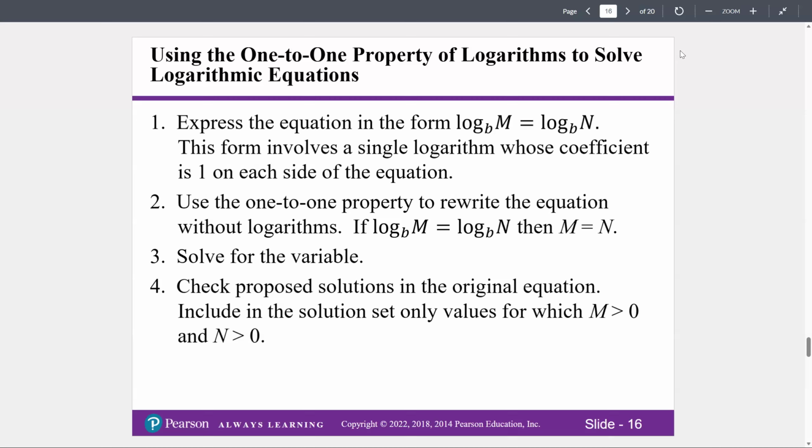Use the one-to-one property to rewrite the equation without logarithms. So log base b of m equals log base b of n means m equals n. Then we're going to solve for the variable. And once again, we're going to check our solutions because sometimes with logarithms, we end up with solutions that do not work.